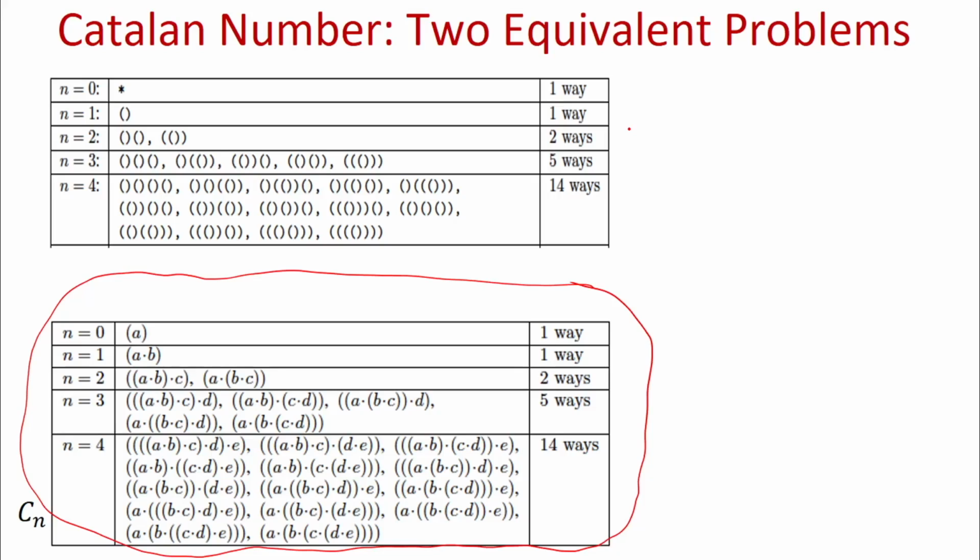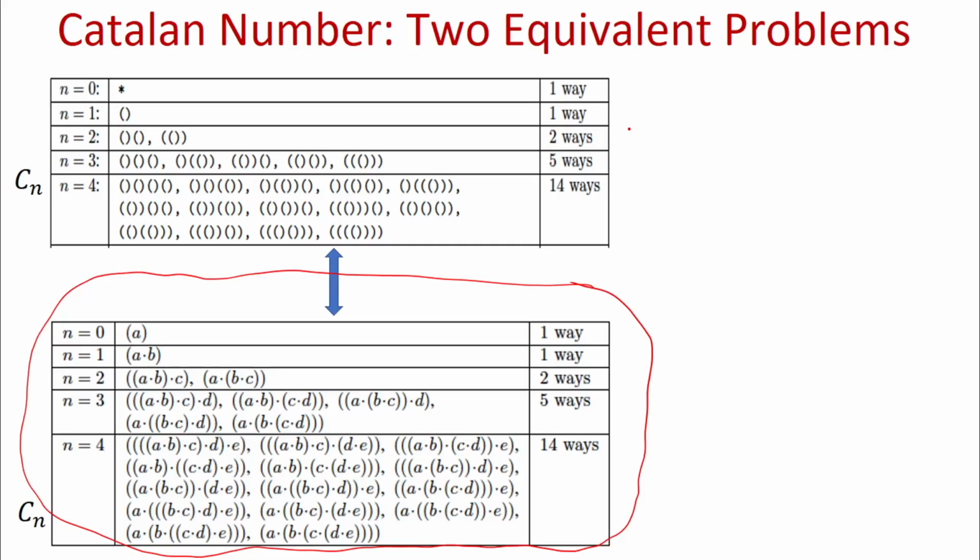Instead of trying to find a solution from scratch for the new problem, what we can show is the following. If we show that there is a bijection between the set of valid ways of parenthesizing n plus 1 numbers and the set of valid strings that you can formulate with n pairs of parentheses, then we can say that the solutions for both the problems is the Catalan number.